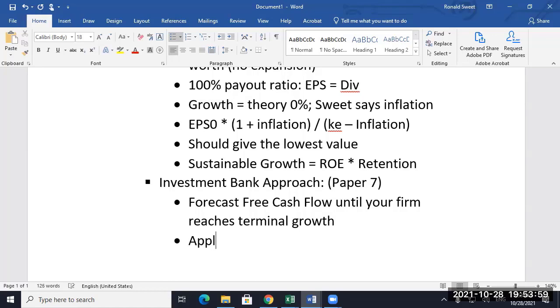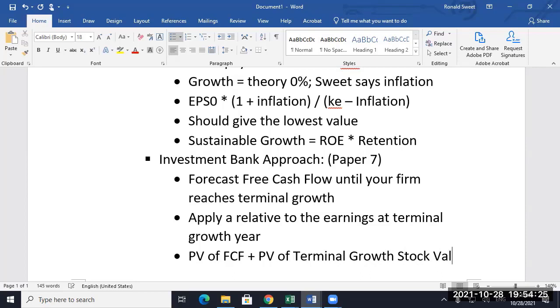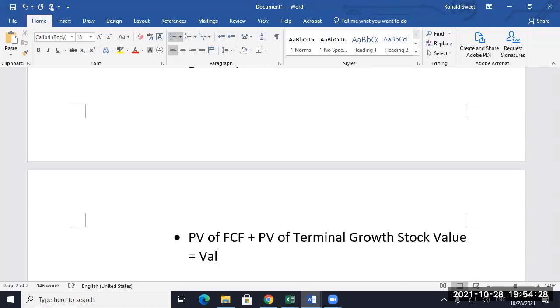You then apply the relative to earnings at terminal growth. You then take the present value of the free cash flow plus the present value of the terminal growth stock value. That equals the value of the firm.